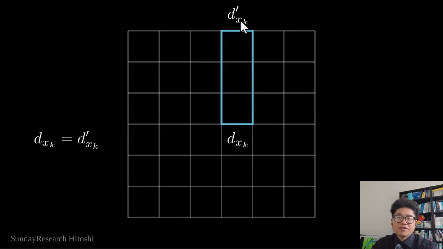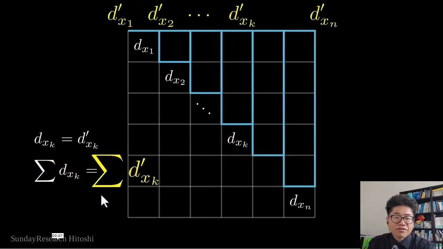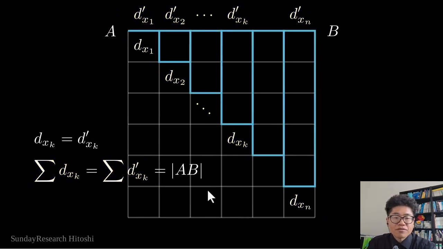Therefore, dx_k is equal to d-x_k. Each corresponding segment is the same length, thus the sum of them is also the same. Therefore, the total length of horizontal segments of the zigzag path is the same as the length of line AB.